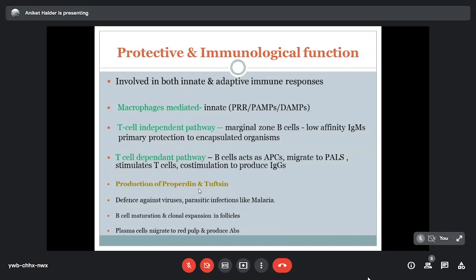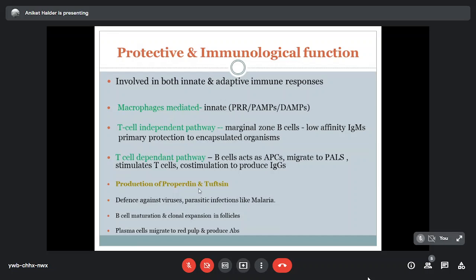Now, coming to the protective and immunological function of the spleen, it is to be remembered that the spleen is involved both in the innate and adaptive immune responses. Like the lymph nodes, which are another secondary lymphoid organ, the lymph nodes are mainly involved in the adaptive immune responses, mainly through the CD4 plus T cells.